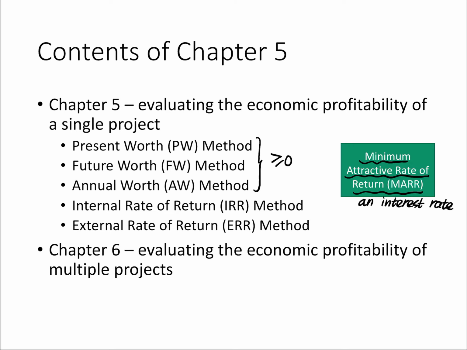We will explain the MARR later, and I will let you know how you decide what the MARR is. But you just need to know that when you do the conversion using the present worth, future worth, annual worth methods, you convert the cash flow at the MARR, okay?